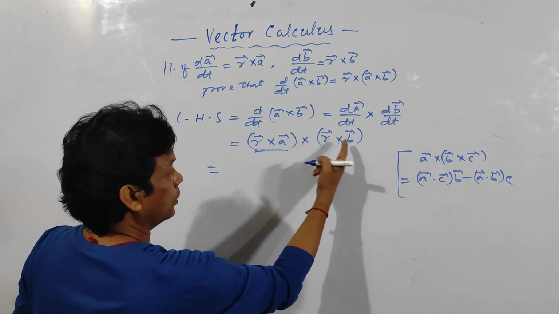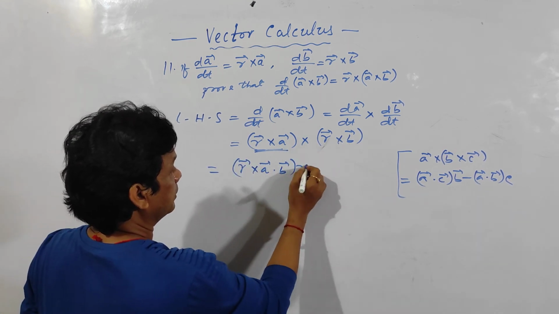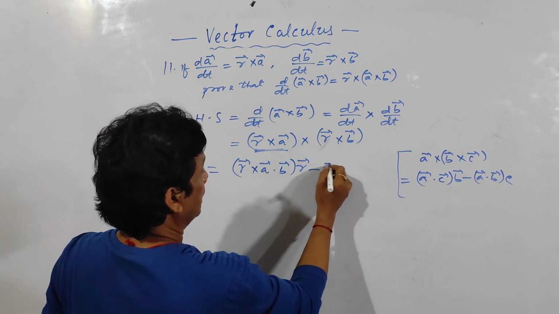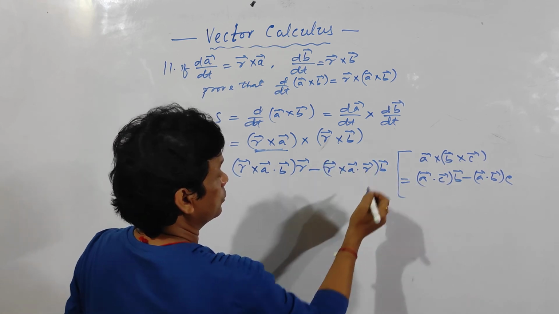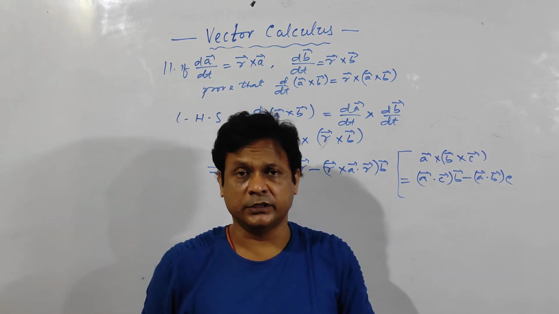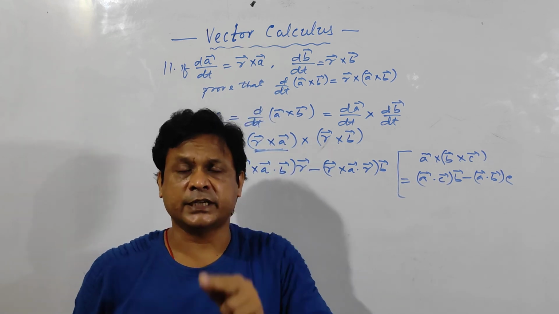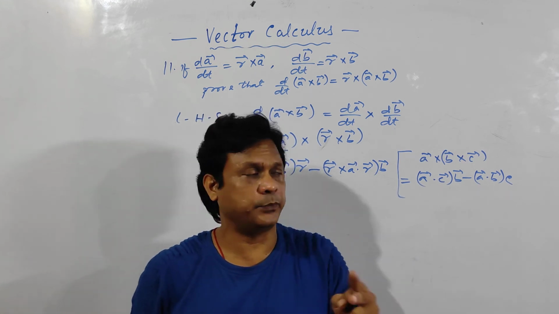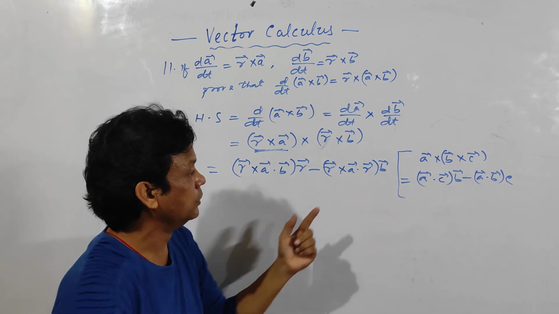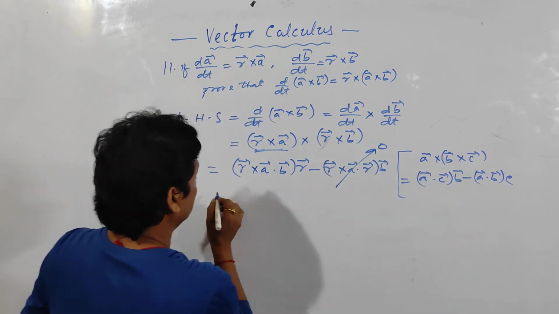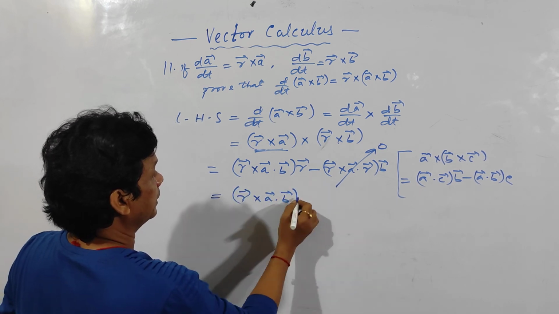So apply this: r cross a dot b into r vector minus r cross a dot r into b. So I have told you, it is a scalar triple product. If two vectors are equal, then the value is equal to 0. And what is the scalar triple product? In which one dot and one cross are present. So here one dot and one cross are present. So this is a scalar triple product, and two vectors are equal. So this quantity becomes 0. So it becomes r cross a dot b into r vector.